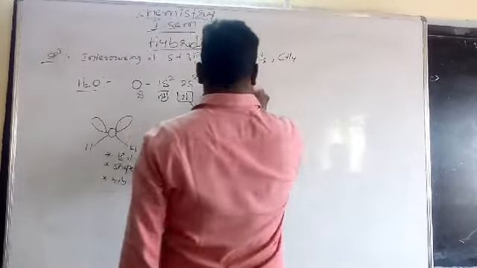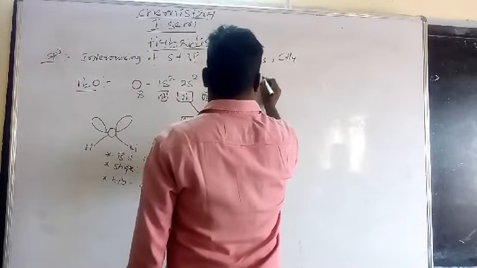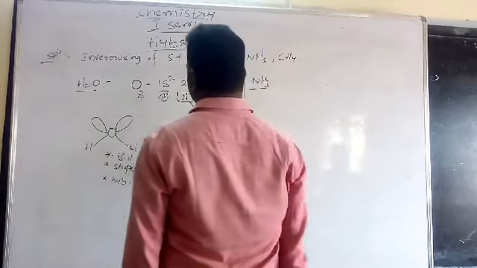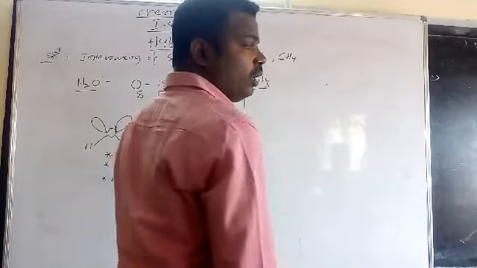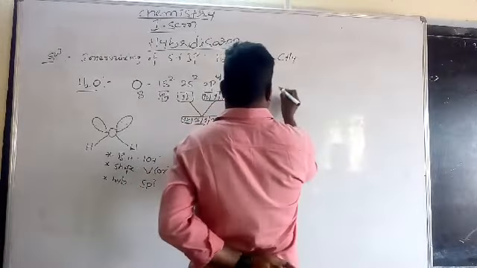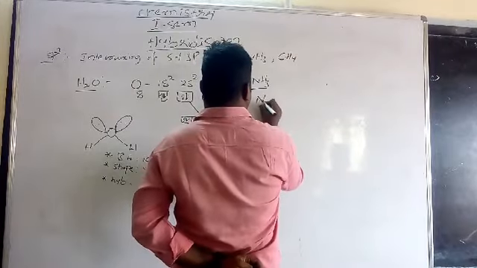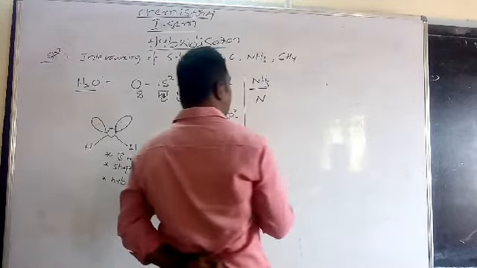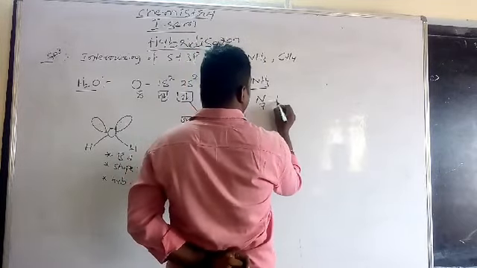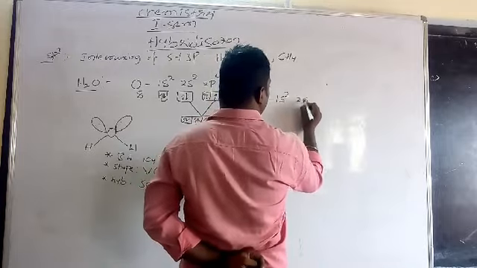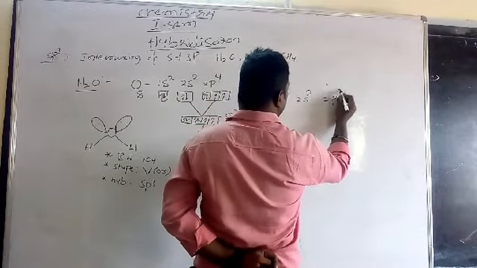The next example goes to NH3, ammonia molecule. In NH3 molecule, the center atom is nitrogen. Atomic number of nitrogen 7: 1s2, 2s2, 2p3.